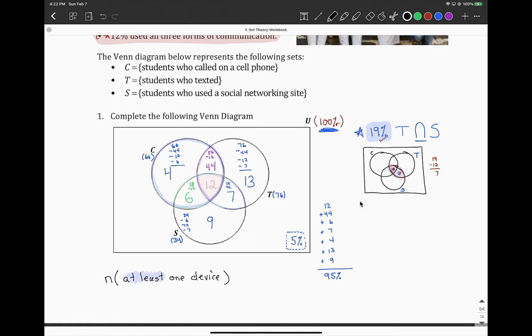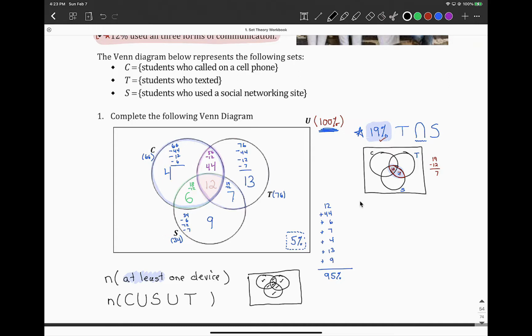In notation, this would be also known as the number of people who use a cell phone or social networked or texted. That would be comparable to saying at least one device. In terms of shading, what I would be asking for here, the people that used at least one device means that I would be happy with people who use just one or two or basically all three.